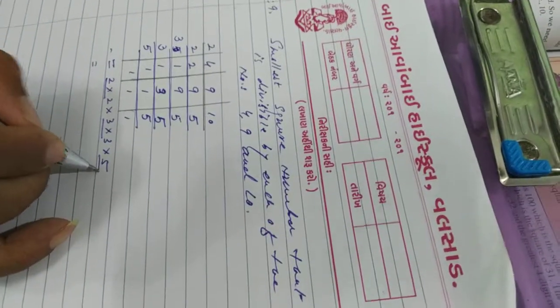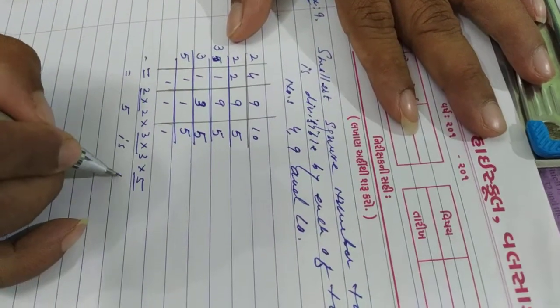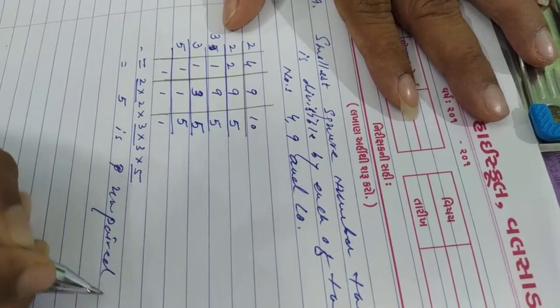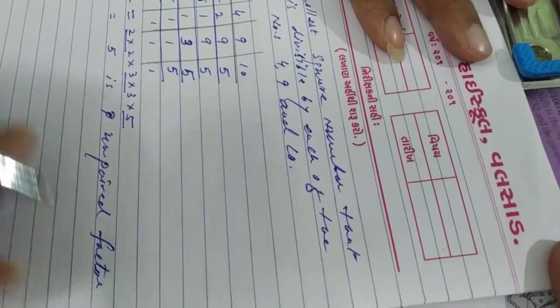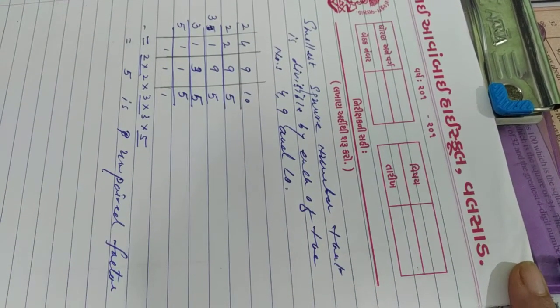See here, 5 is unpaired. The prime factor 5 is an unpaired factor. So what do we have to do? We have to multiply it by 5, right?